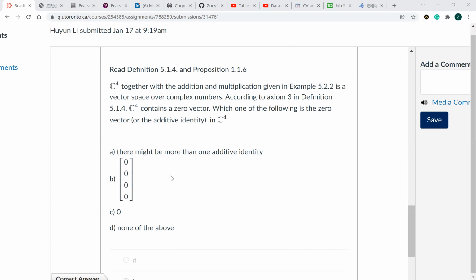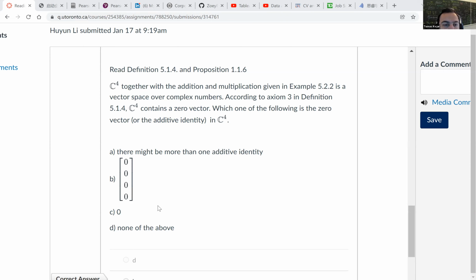I think 0 plus 0i can be written as 0. Definitely, but why C and not B? I'm also thinking it might be D. Yeah, but this is for complex numbers.